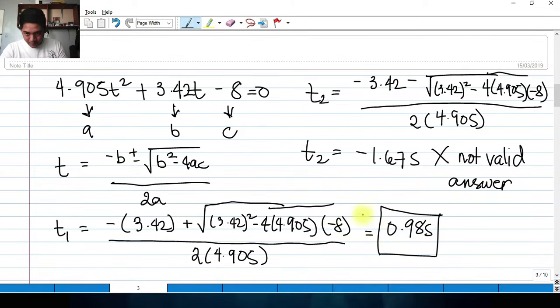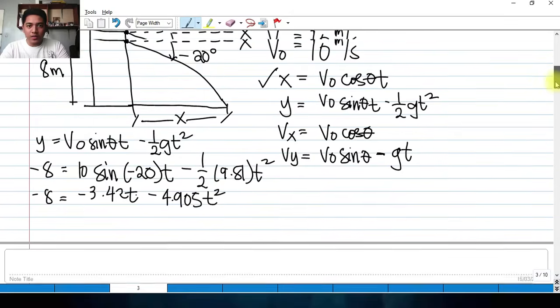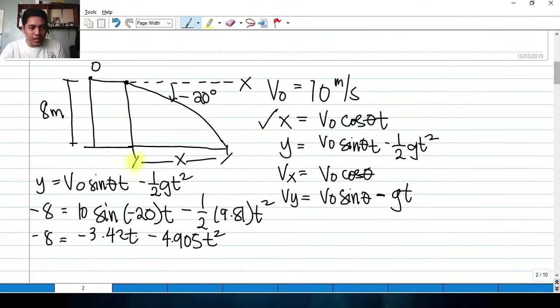Now, this is the time of flight of the projectile. Okay? That is not really yet the final answer. If we go back to our problem, it is actually asking what is the horizontal distance traveled by the ball from the building. So, using this formula, we have 10 meters per second times cosine of negative 20 times the time, that is 0.98.